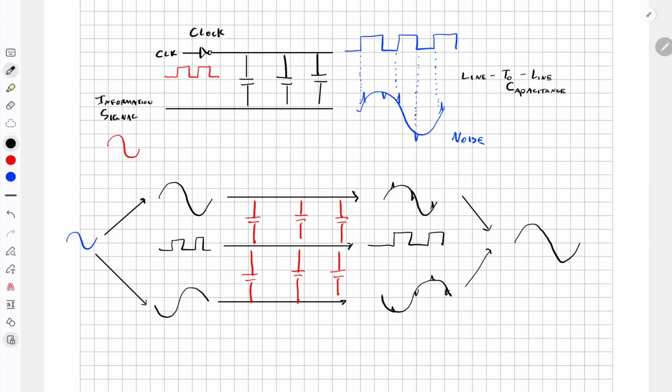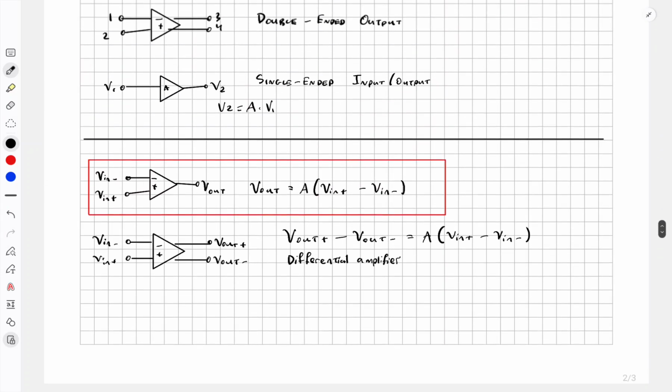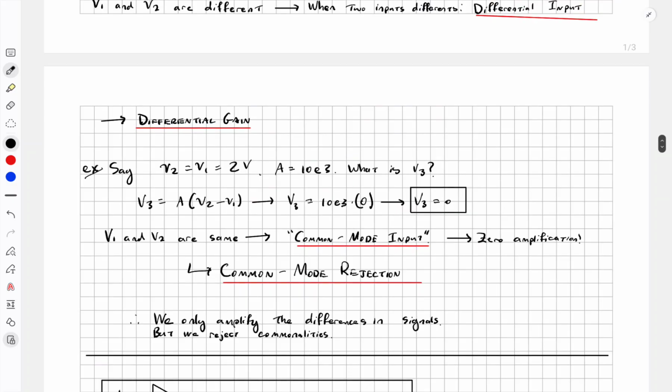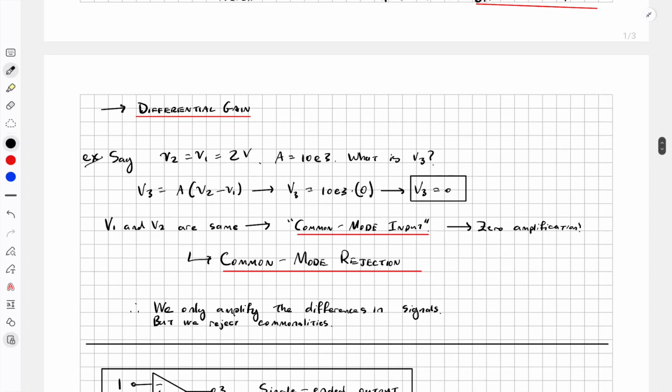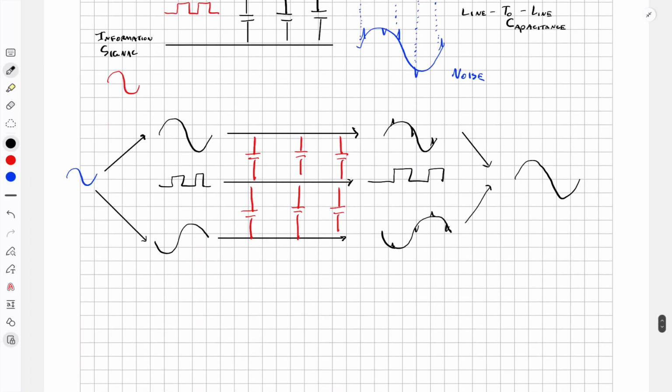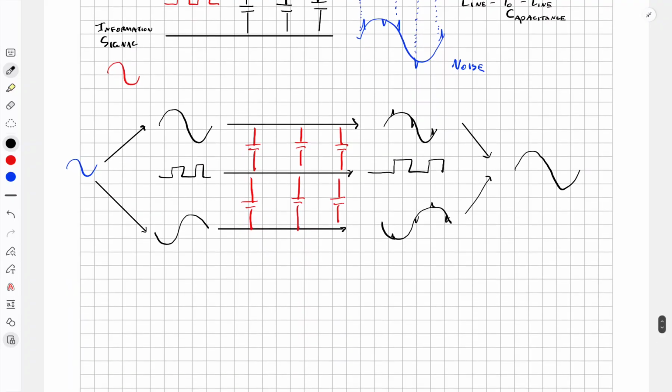And that's because the noise caused by the clock is producing what is common in both signals. Because it's common, through the common mode rejection principle, as we talked about earlier, it rejects the common components. The end result is that this differential amplifier will help us not have any noise on the output. It's immune to noise.